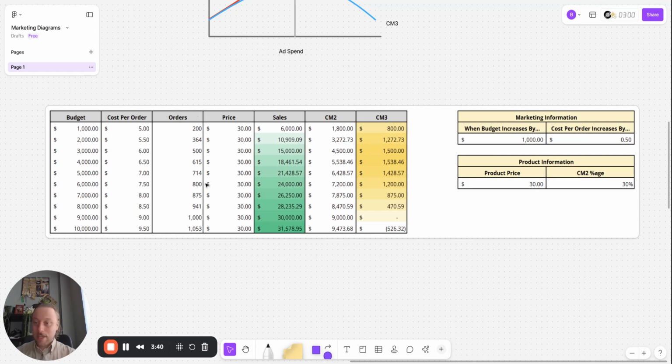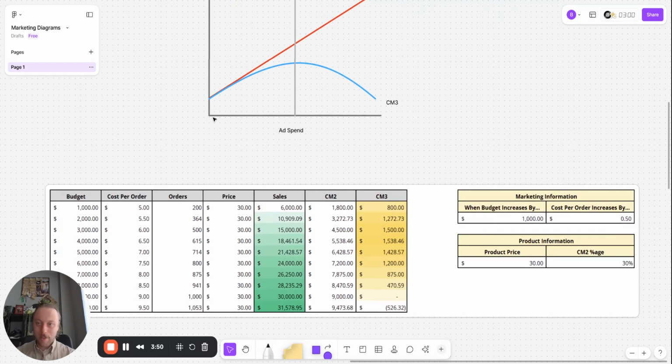The orders increase over time, the sales increase, but the CM2 also increases, but the CM3 is actually going to have this parabolic relationship with ad spend, which is it's going to keep increasing, and then at a certain point in time, that cost per order is going to increase such that you're ultimately losing money on additional sales.